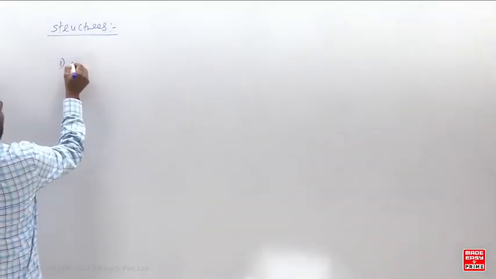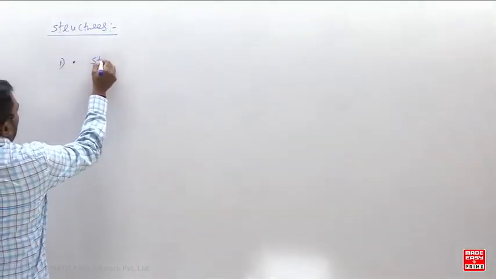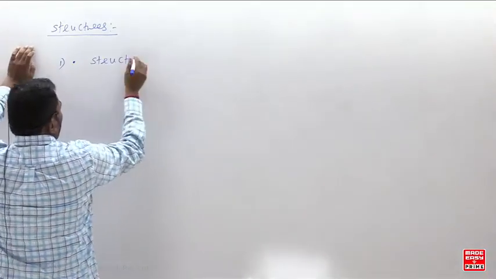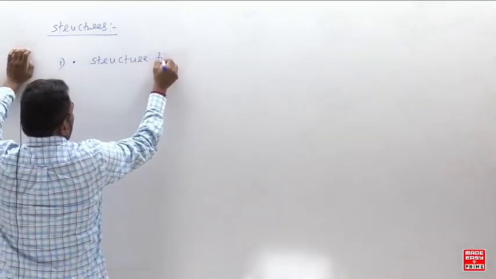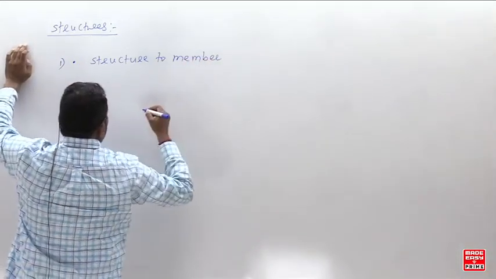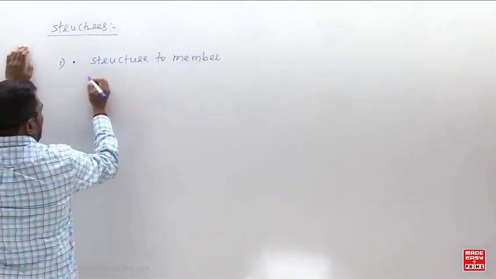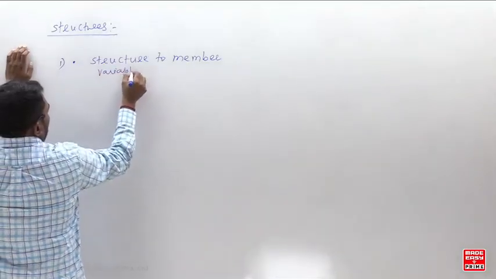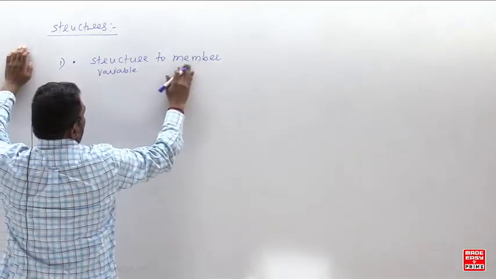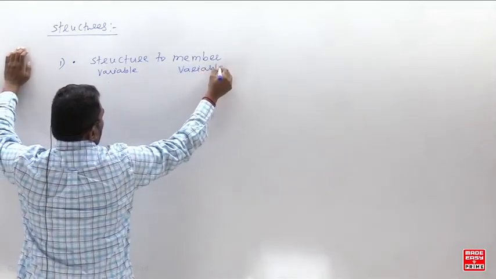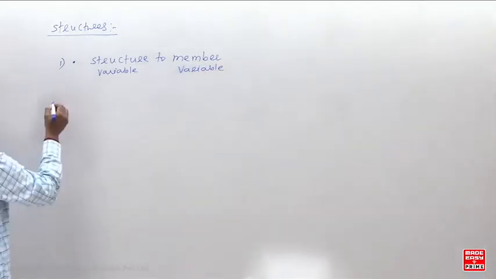Note down. Number one is a dot. This is structure variable to member variable.